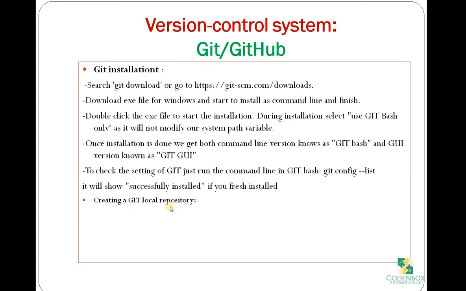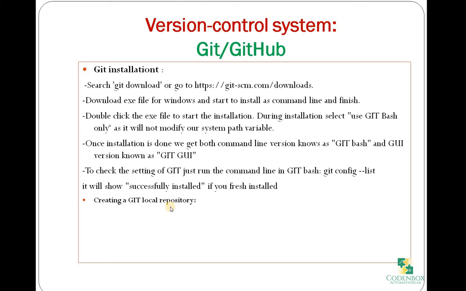Okay, let's close it. Next, we're creating a Git local repository. First we have to create our local repository, because assume you are a developer or automation engineer, so you are going to work first on your local machine. Either you are an existing employee or a new employee, you're going to create a framework from scratch.